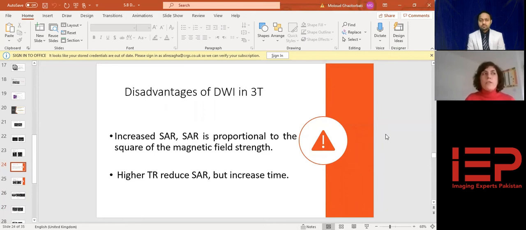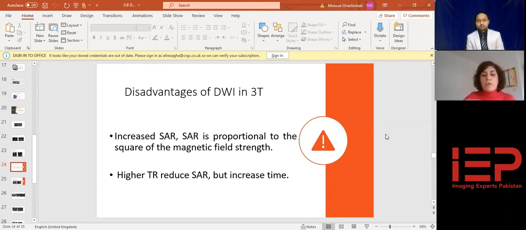But when you're using parallel imaging in 3T, because you already have so much signal, just because your scanner is stronger and has more signal, you can use a higher factor of parallel imaging. For example, in 1.5, if I go maximum to factor 2, in 3T, I can go to 3.